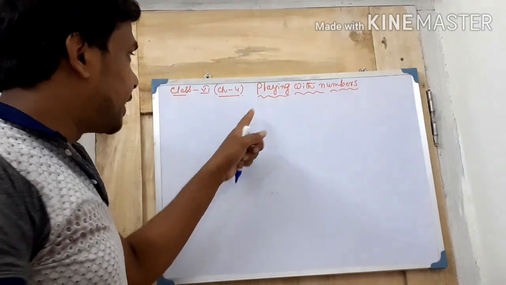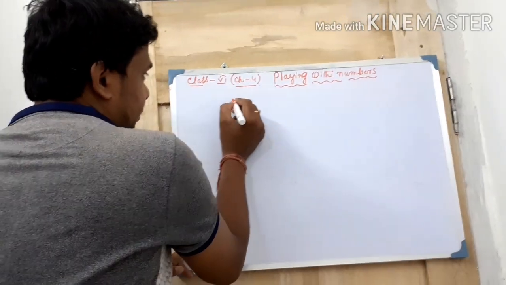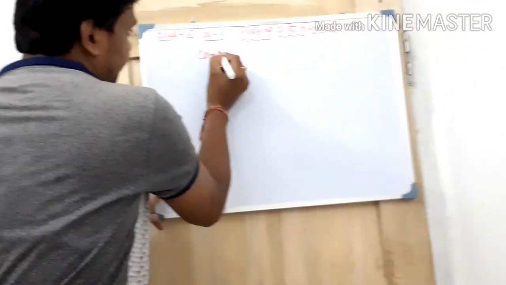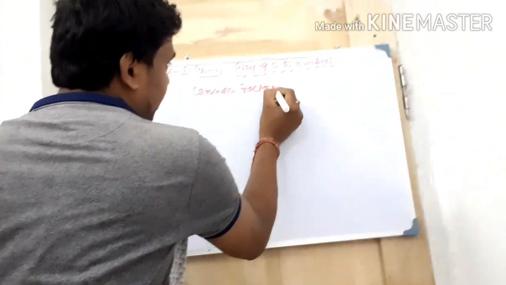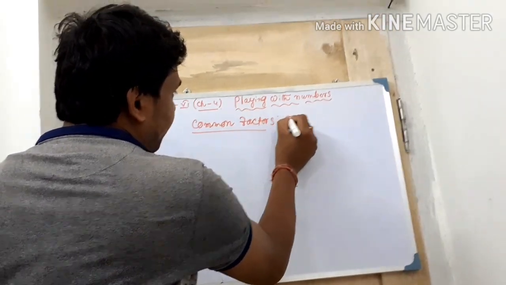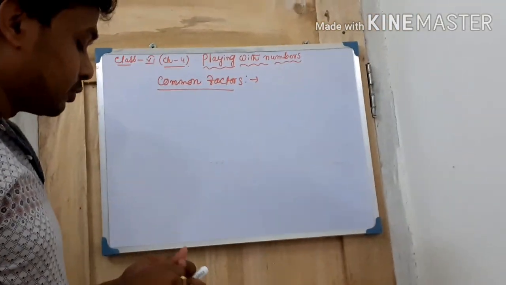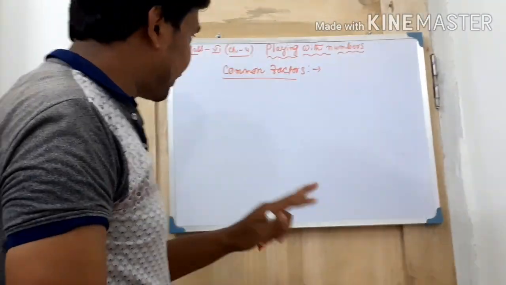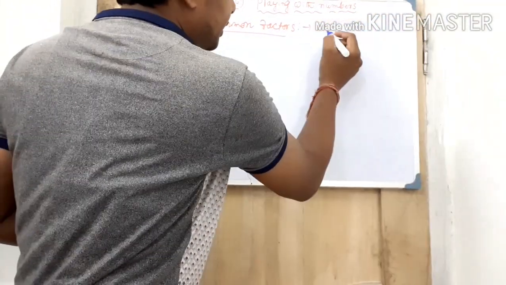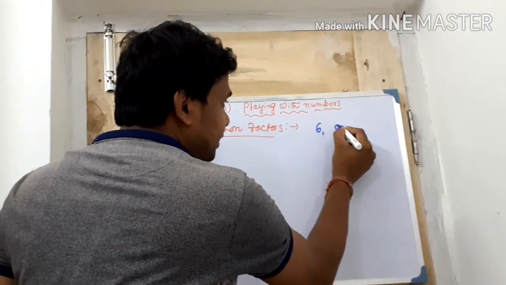Next thing in this chapter is common factors and common multiples. Common factors means what? To illustrate this, we have to take two different numbers. Suppose I am taking two numbers, one is 6 and the second one is 8.